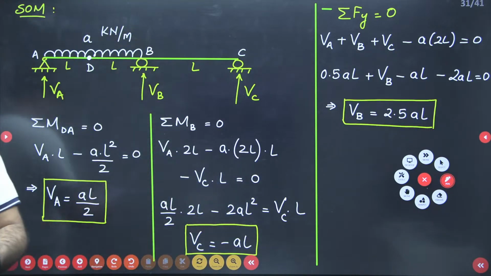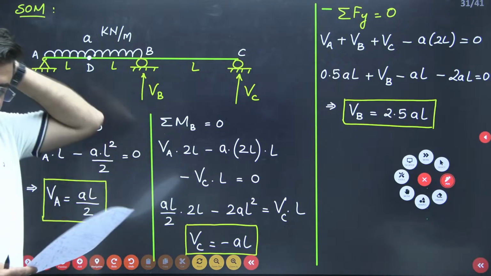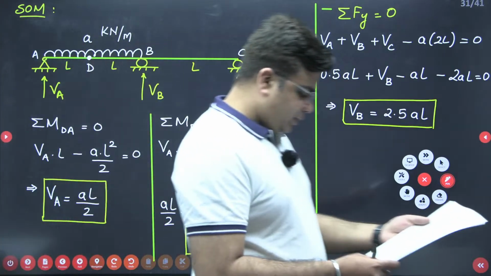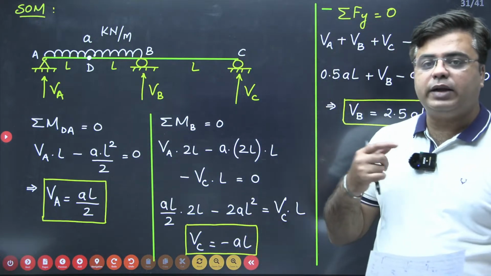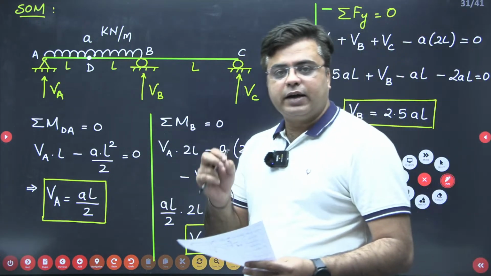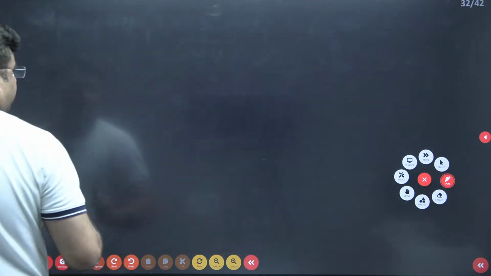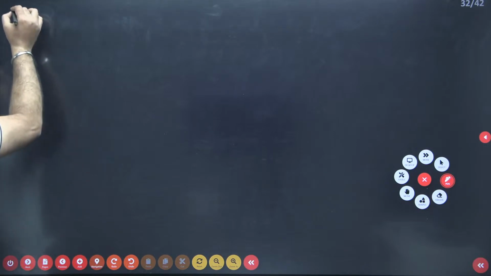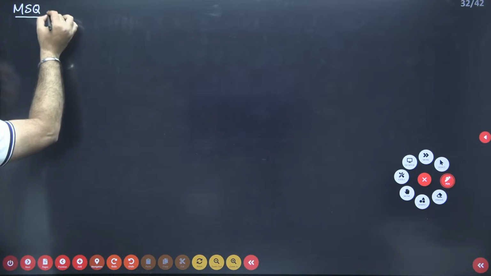Now next. Okay. Next is the question from construction material and management, and they have asked which of the substances does not increase the strength of steel. So this is the question from the materials part. This was a multiple select question.